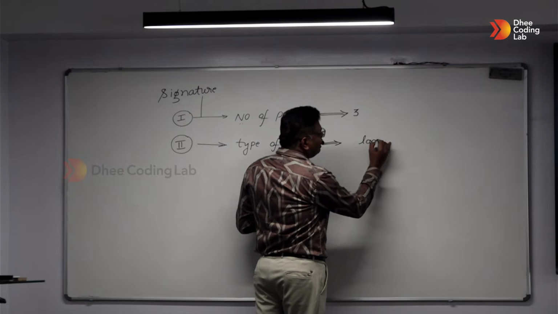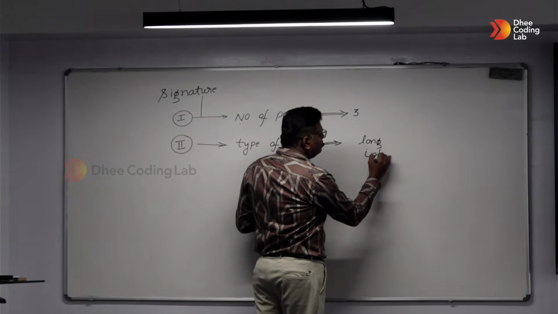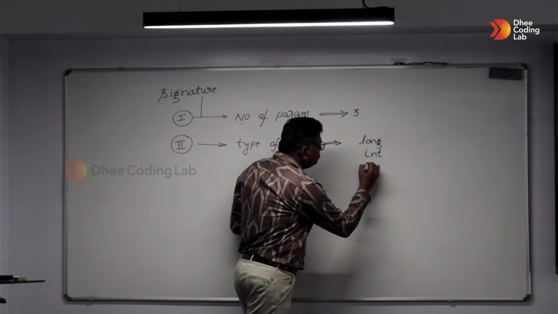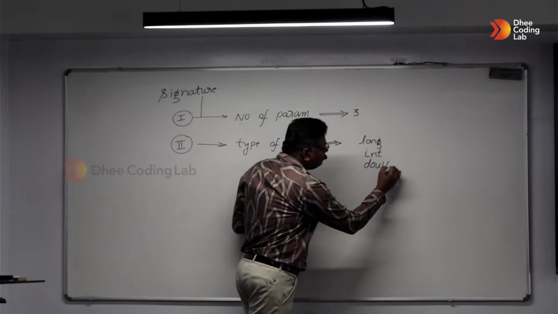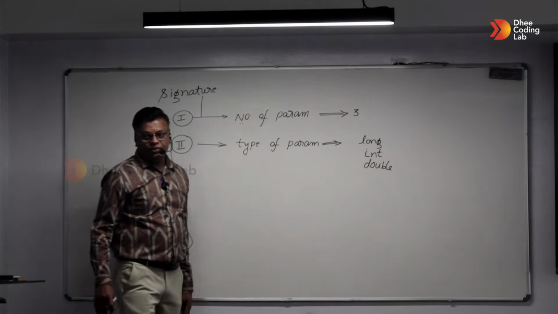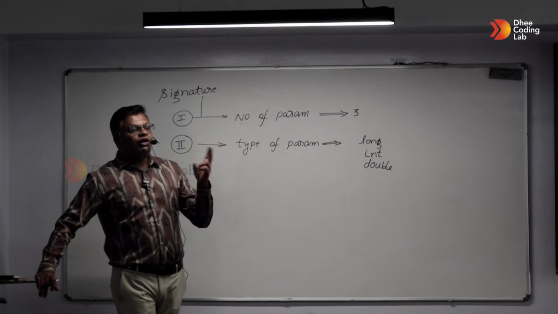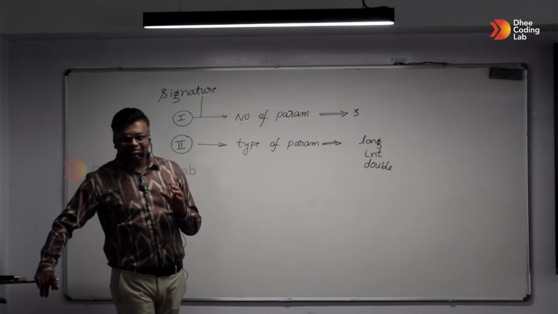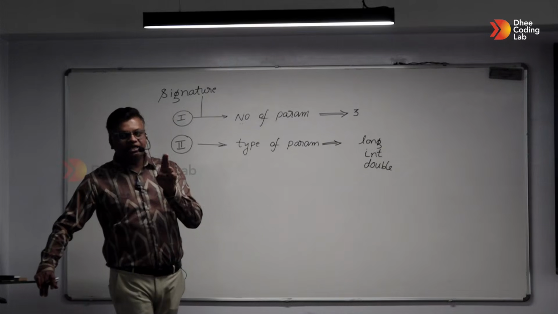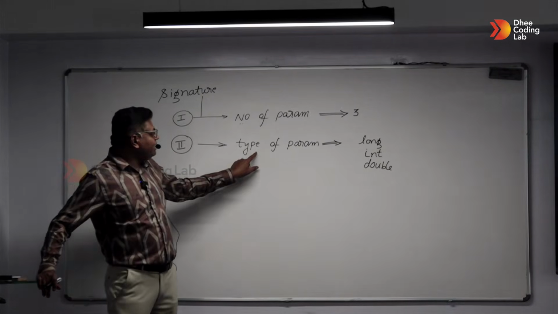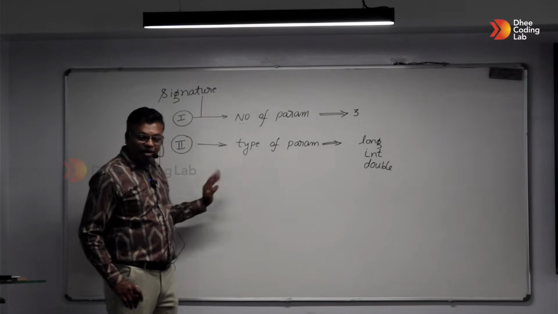So I have long as the data type of one parameter, int as the data type of one parameter, and double as the data type of another parameter. Or in another way, let's say there is a method which is taking two integer parameters and one float as the parameter. So you can say two integer and one float. So we are describing the data type. Type means data type of the parameter.